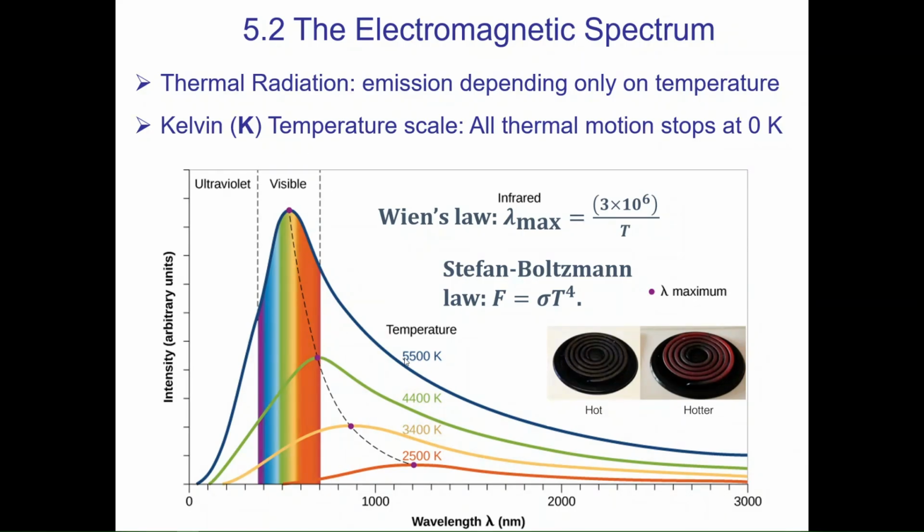For example, at a temperature of about 5,500 Kelvin, you can see the peak is in a yellowish color. So it only emits a little bit more yellowish light than the green, blue, and violet. Therefore, at about this temperature, the overall color is what we call yellowish white.